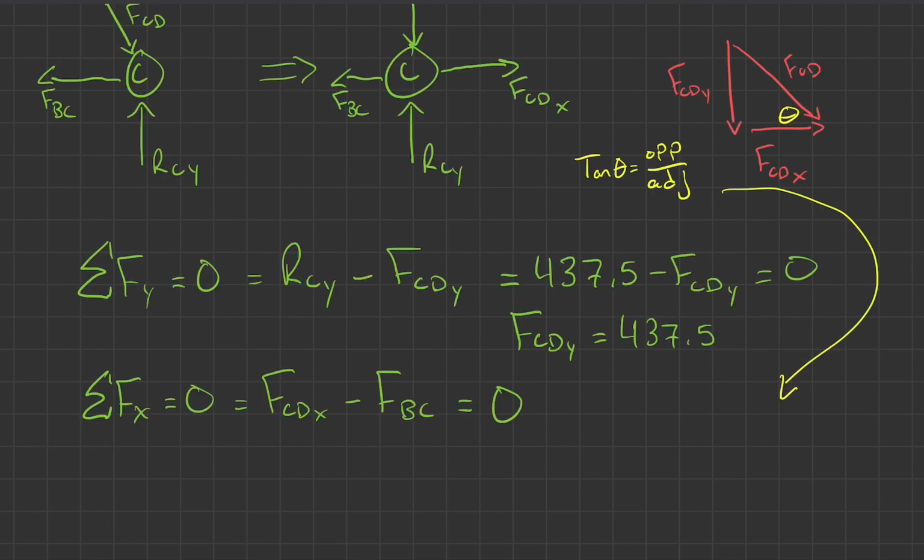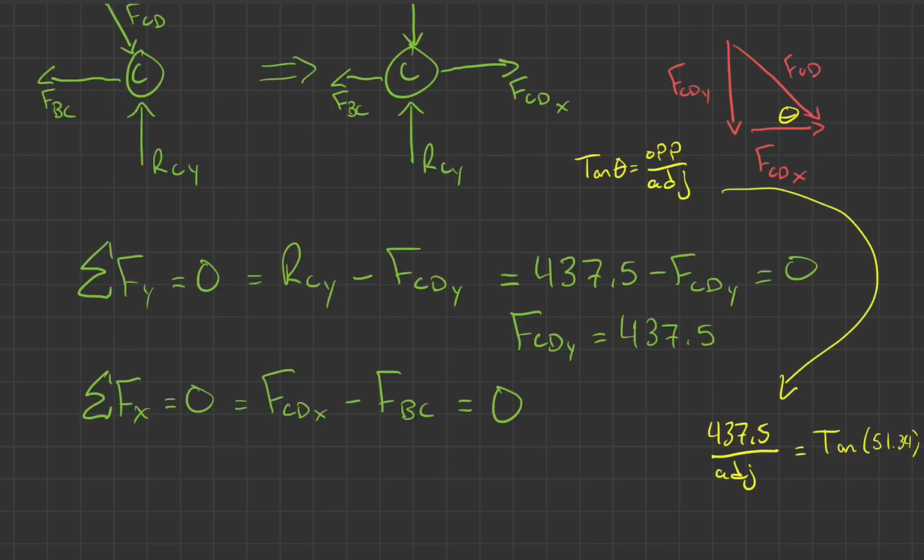So it's going to be 437.5 over our adjacent, which is what we're looking for, because our adjacent is going to be force CD in the X direction, is going to be equal to the tangent of 51.34.